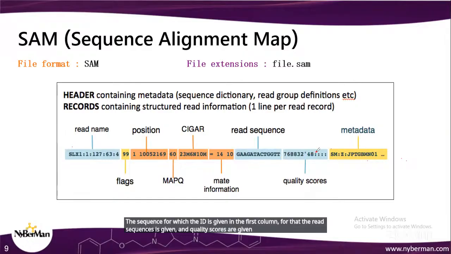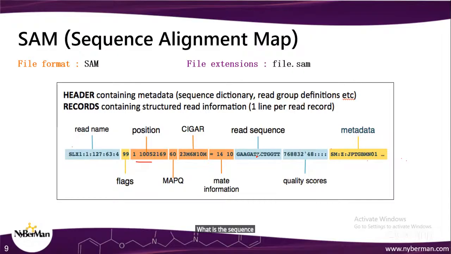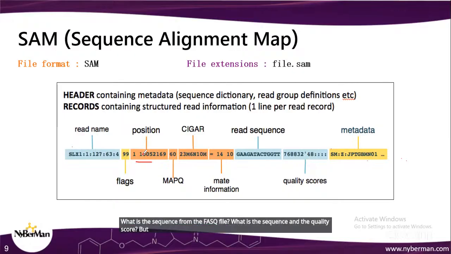So this quality score you already have in your FASTQ file, but now you have more information, because right now you have the position information as well. Earlier you just knew the sequence and the quality score from the FASTQ file, but now you also know the position of that sequence on your chromosome, and also the metadata of your sequence, that is, from which organism it is derived.